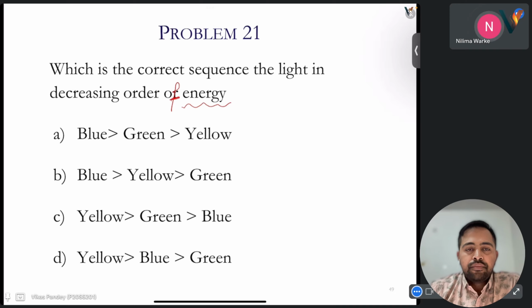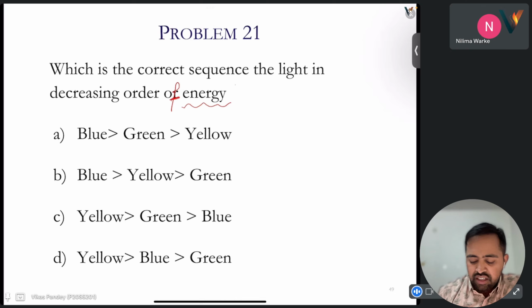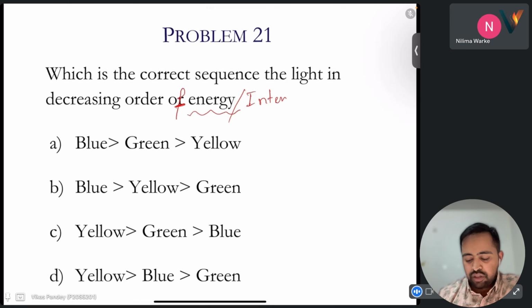Decreasing order of energy. Energy, or you can say intensity. We cannot directly say intensity, but for the same parameters, we will get higher intensity.